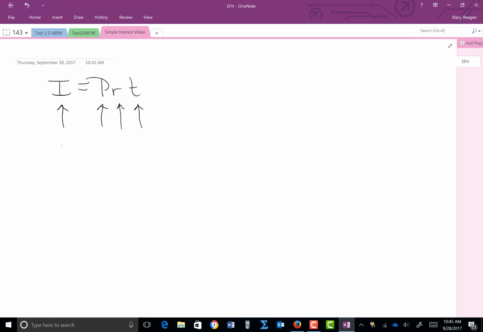So let's say I'm borrowing $300 at a 5% annual simple interest rate, and I want to know how much interest I have after 5 years.